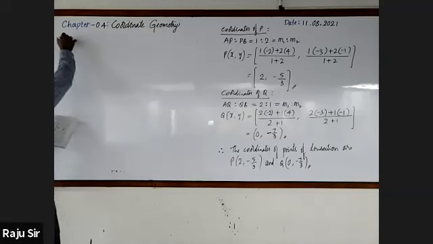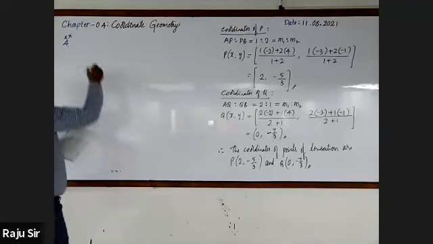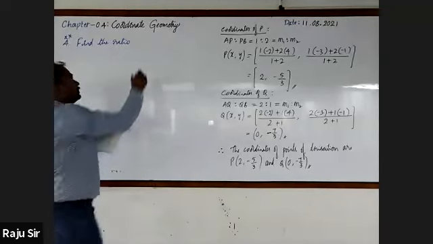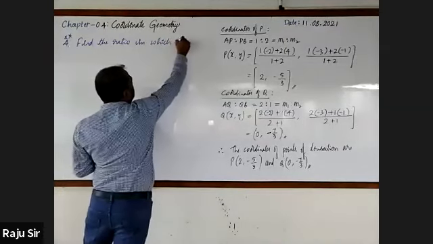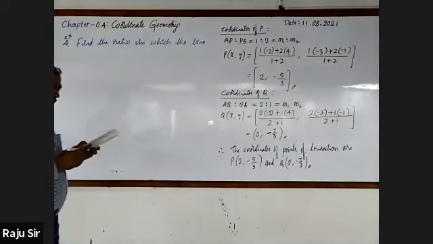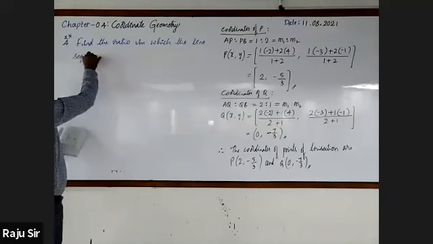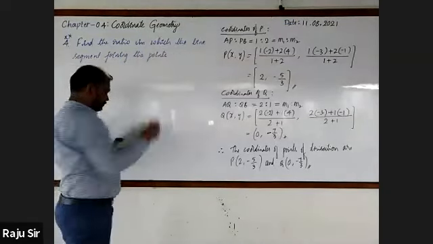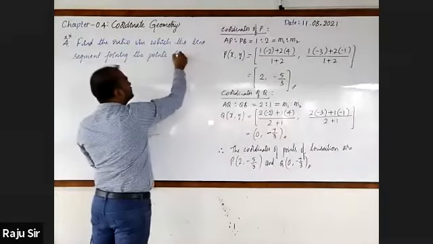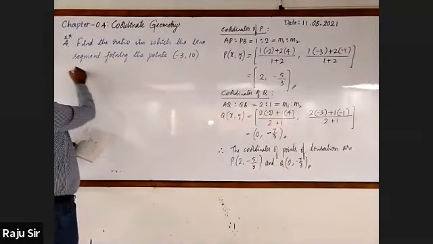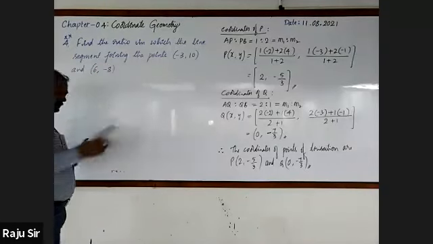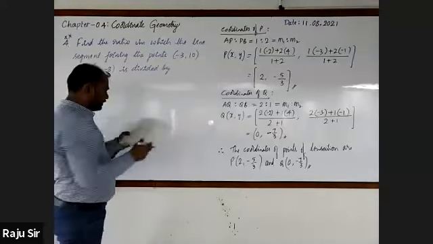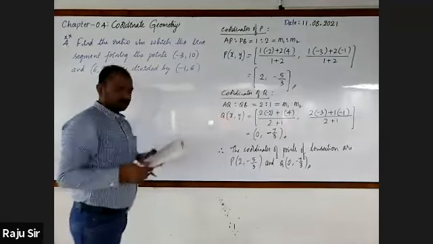Find the ratio in which the line segment joining the points -3, 10 and 6, -8 is divided by -1, 6.